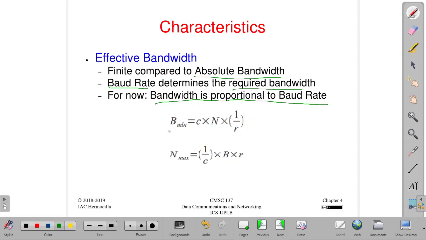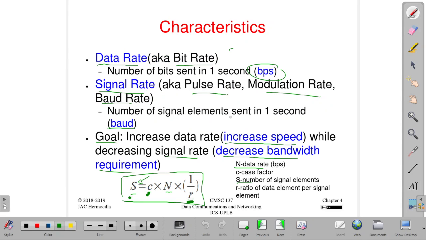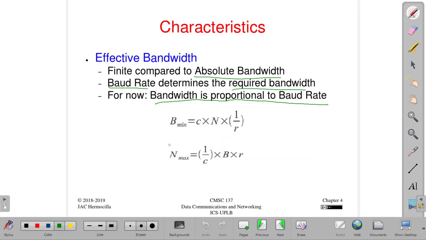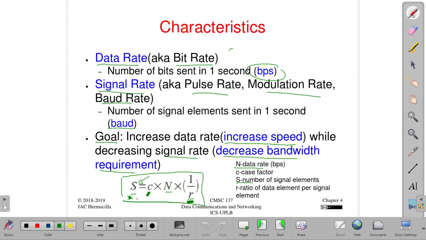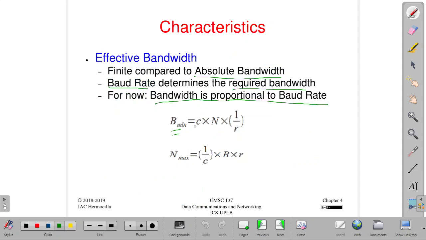And given this direct proportionality, we can define the minimum bandwidth as the same as the signal rate, S, which is c times N times 1 over r, because it's essentially equal to the signaling rate.